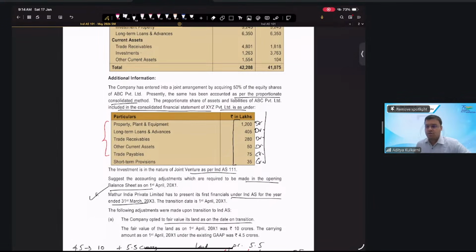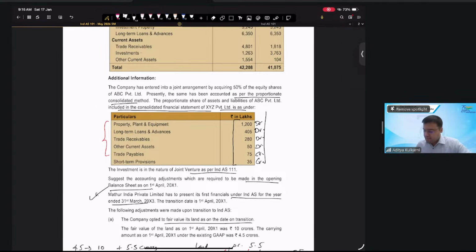So therefore, what this question assumes is these items of net assets are acquired by the joint venture, which has given rise to goodwill, correct? Similarly, same items are also giving rise to goodwill in the subsidiary. Is it okay?